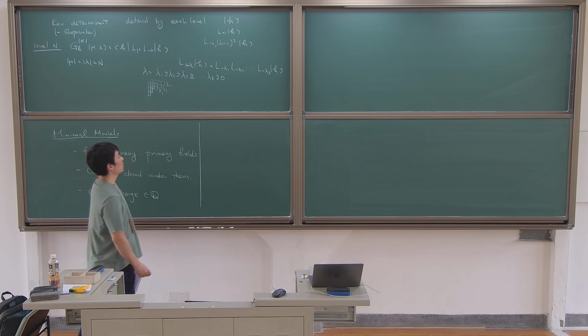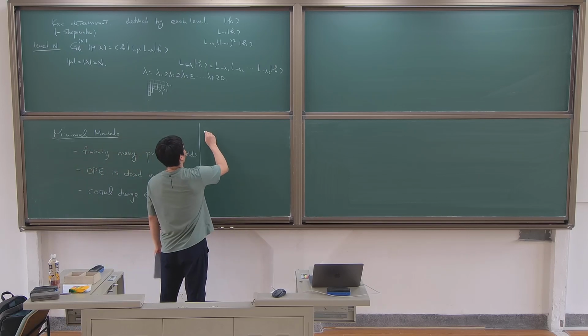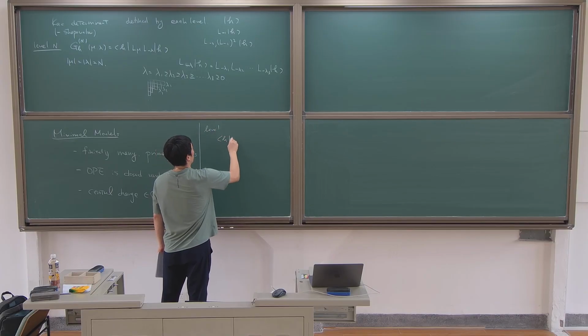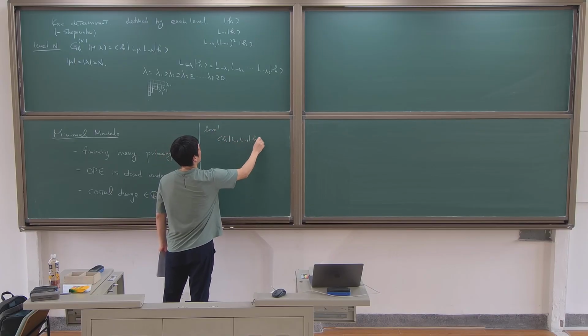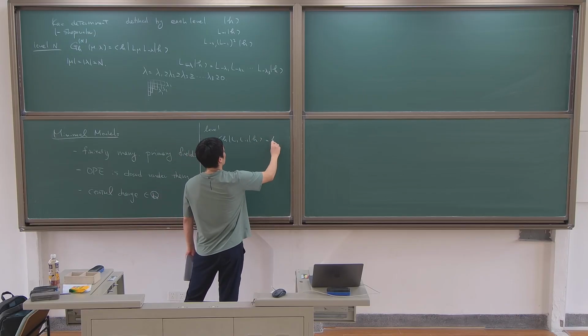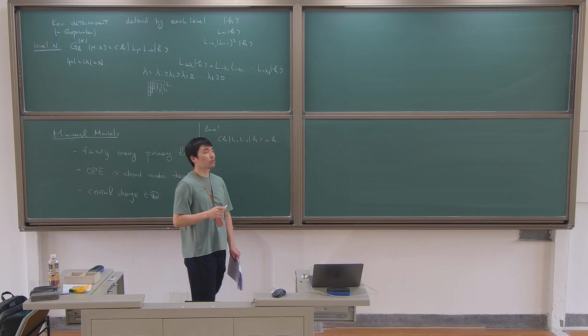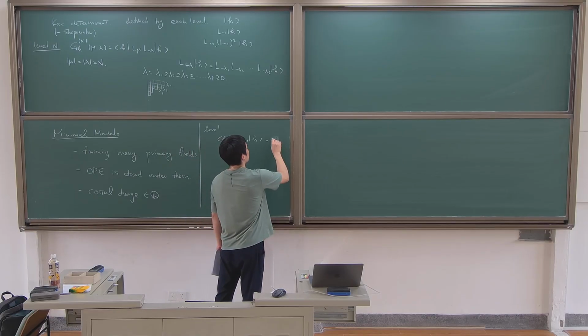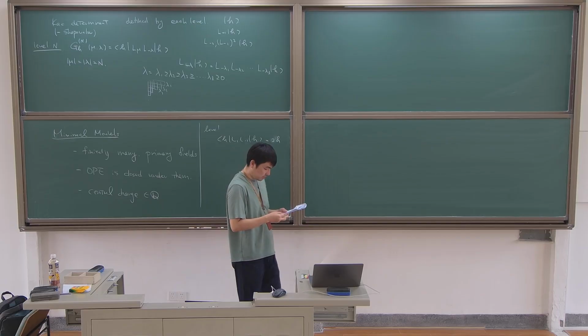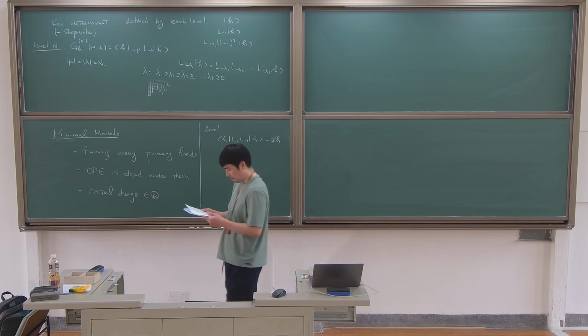So last time we computed level 1, which is super easy. Level 1 is ⟨h|L_1 L_{-1}|h⟩, which is just 2h, as far as I recall. I don't remember. Something like that.